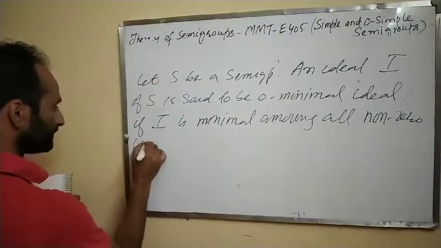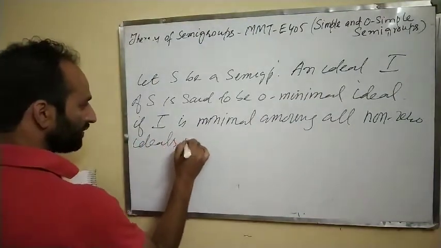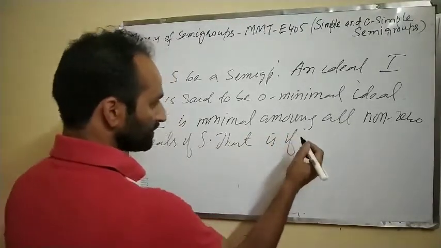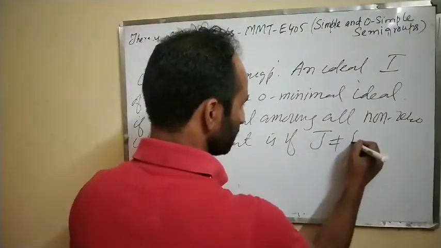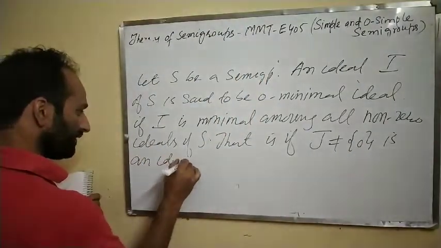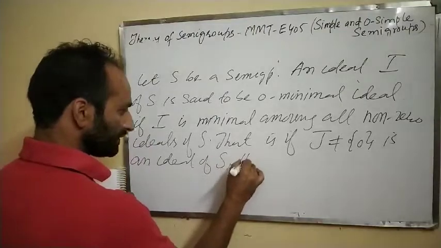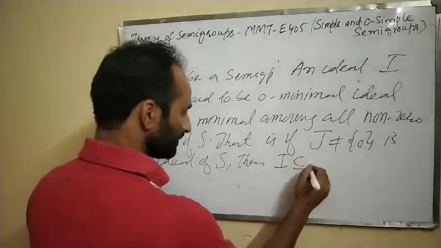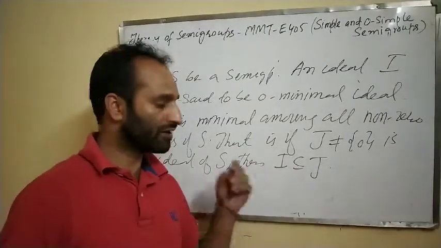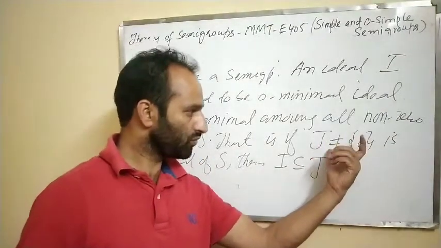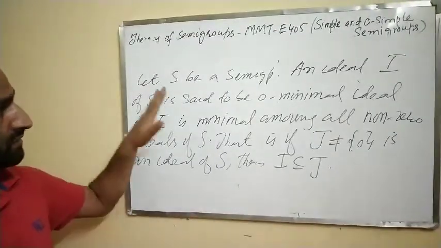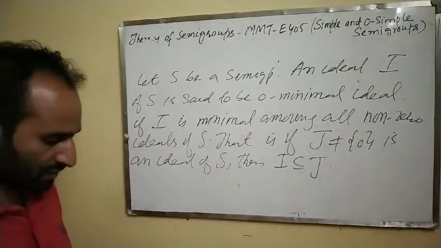Non-zero ideals of S. That is, if J is a non-zero ideal of S, then I should be a subset of J. It's minimal among all non-zero ideals. So if we take any non-zero ideal J of S, then I should be a subset of J. In that case we say I is a zero minimal ideal.